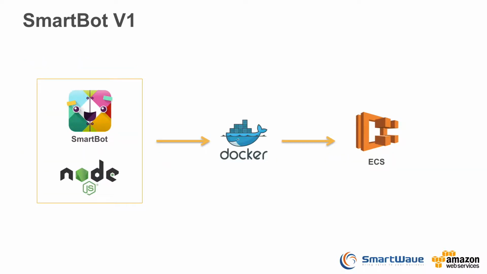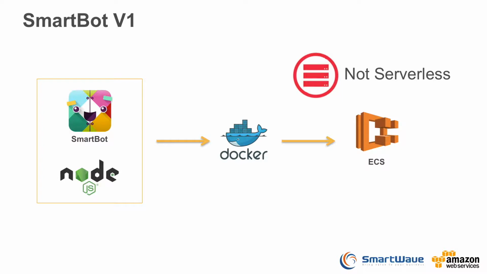So about this SmartBot V1, the SmartBot is a Dockerized application made of Node.js that is running in a Docker container, which itself is running on the ECS service of Amazon that manages the containers. So the thing about this bot is that it's not serverless because it still needs an EC2 instance running on the ECS cluster that needs to be started and that will handle the container.